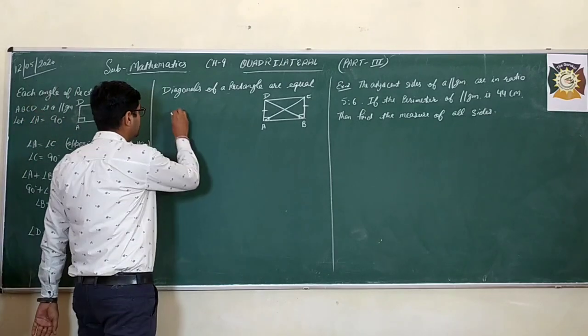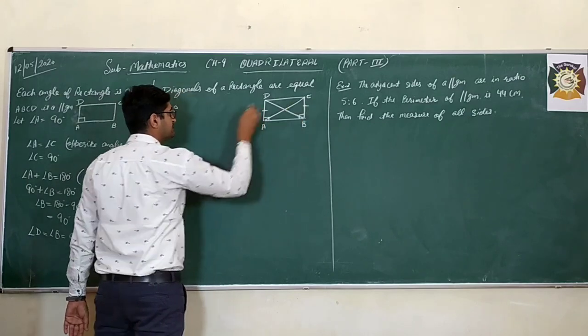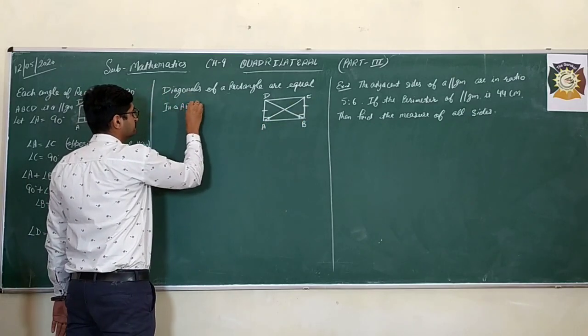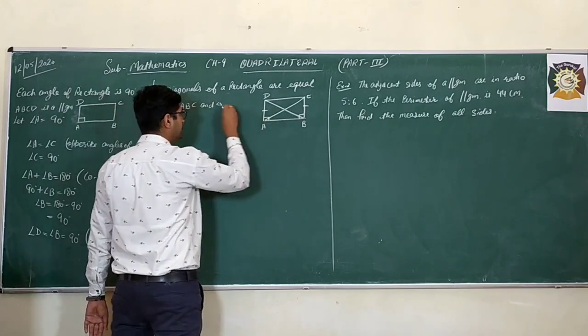Now consider triangle ABC and triangle ABD.